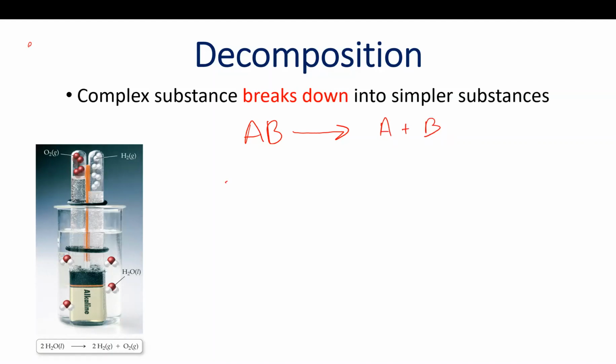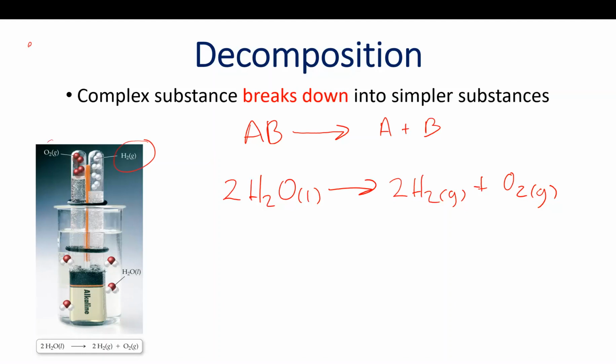So here we have an example of the Hoffman electrolysis of water, where we have water decomposing, right, and water is a compound, into its two elements, hydrogen gas and oxygen gas. And the nice thing that we notice is there's actually a stoichiometric factor in here.